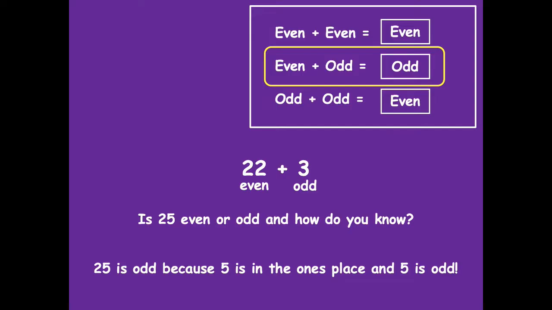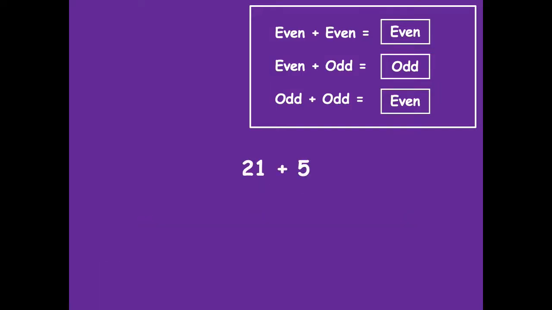Okay, let's check out one more. So 21 plus 5. Is 21 even or odd? Yeah, it's odd, right? Because that 1 is in the ones place and that's an odd number. So let's label that. Is 5 even or odd? Yeah, it's odd, right? Because 5 doesn't have a partner. So let's label that.